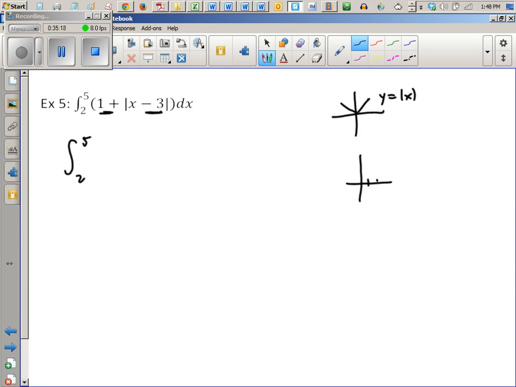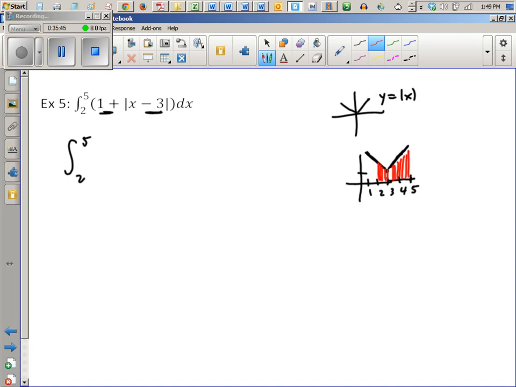So right 2, 3, up 1, puts the graph here. Like that. So it's shifted right 2 and up 1. And we're trying to find the area from 2 to 5.